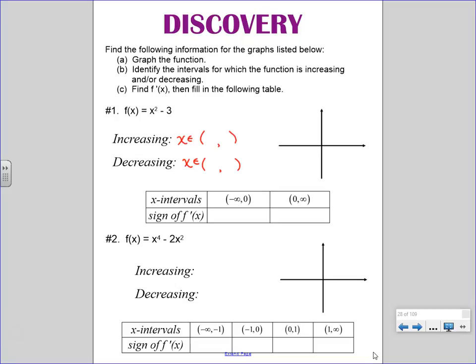Or just realize number 1 is a parabola that's been vertically shifted down 3. In case that helps. Feel free, you can collaborate a little bit. I'll fill in number 1 in just a second. You guys try to beat me. And if you do, go to number 2.